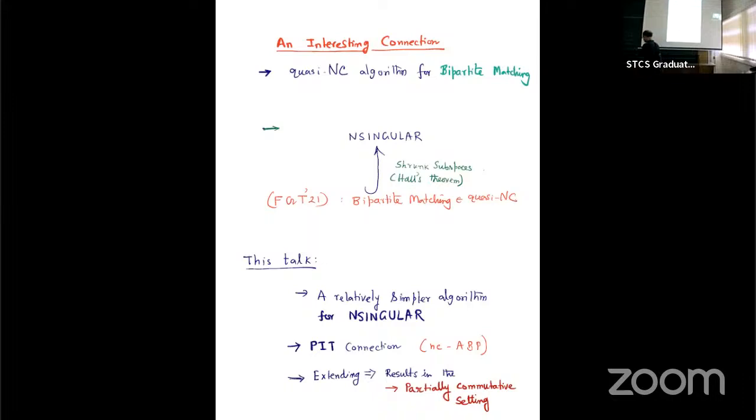Sorry, I forgot to mention what an algebraic branching program is. So the red button there will move the board up. When I say algebraic branching program, the picture you should have in mind is a directed acyclic graph, and it's a layered graph.